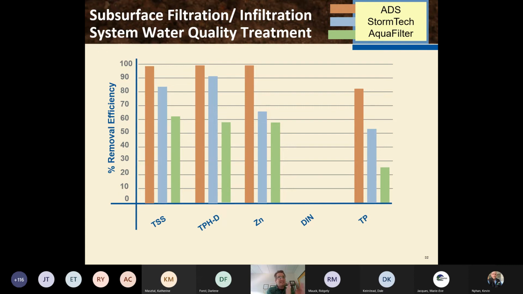Again, this is data from our site, and I'm showing you removal efficiency on the vertical axis, and on the horizontal axis the range of pollutants: TSS is sediment, total petroleum hydrocarbons, those are semi-volatile organics, total zinc, dissolved inorganic nitrogen, that's ammonia and nitrate, and total phosphorus. So you see this kind of blank spot here. And if you're using this kind of new machinery of unit operations and processes, there's no anaerobic zone here.